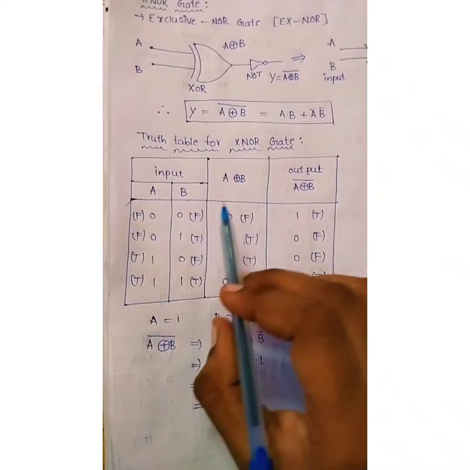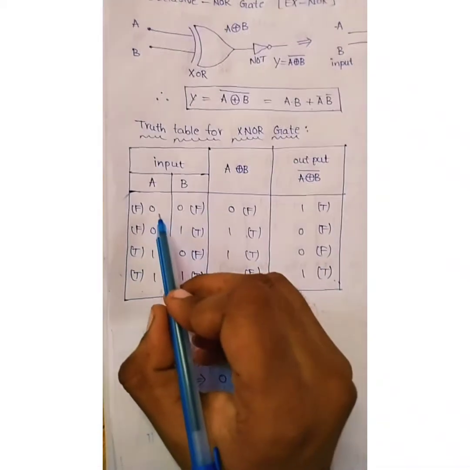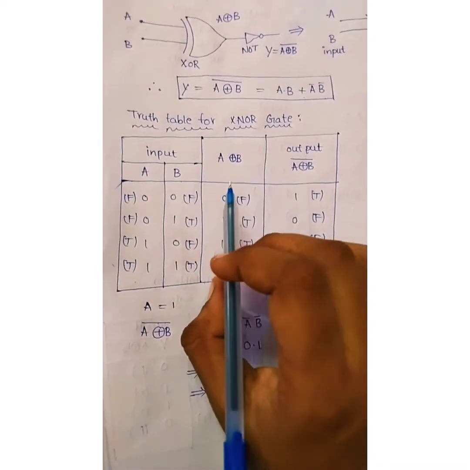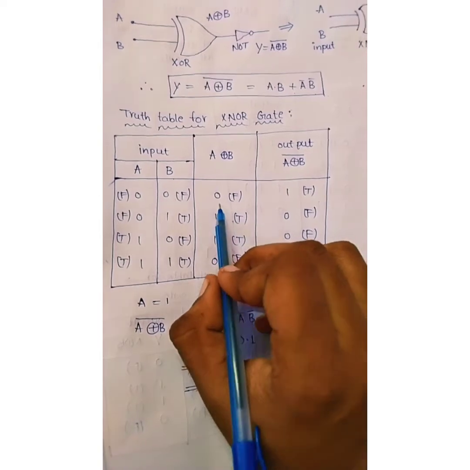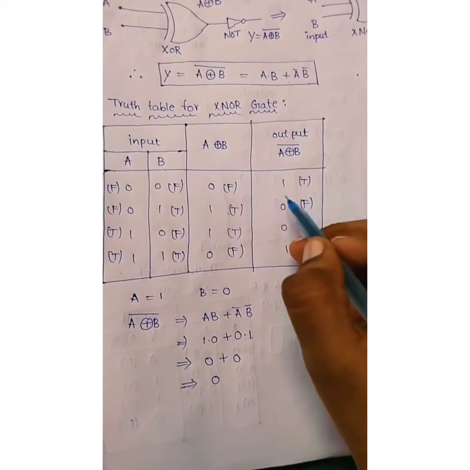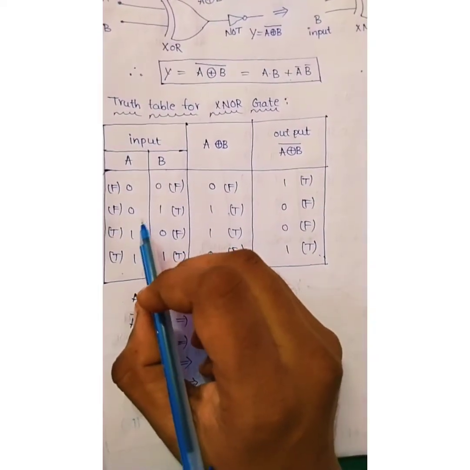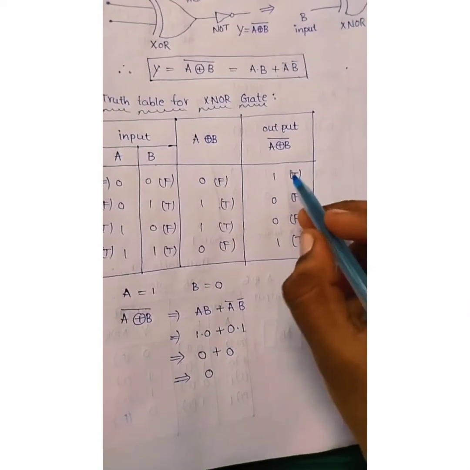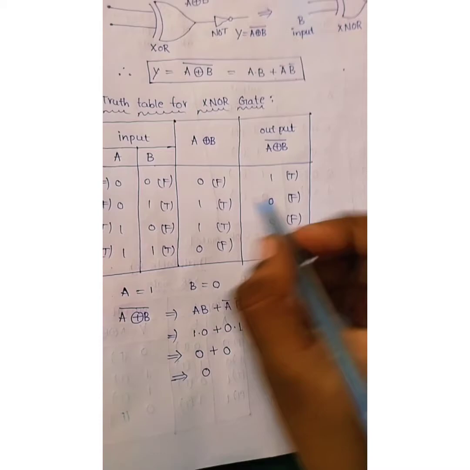So first we find A XOR B. First we take the inputs 0, 0, then A XOR B comes 0 and the final A XOR B bar comes 1. Then we take the input 0, 1 and A XOR B is 1 and the final output A XOR B bar equal to 0.